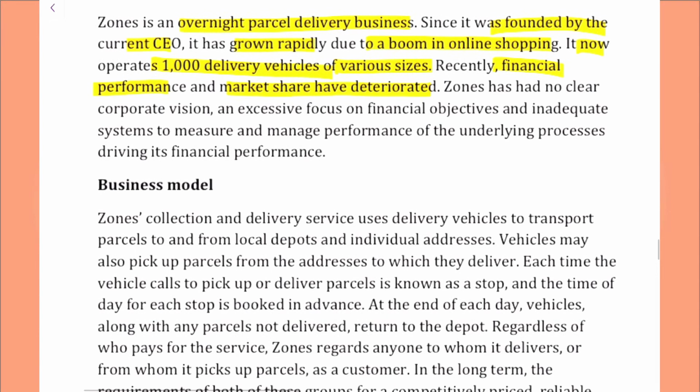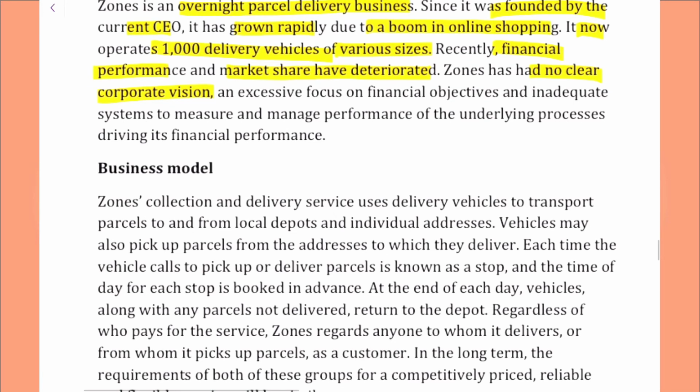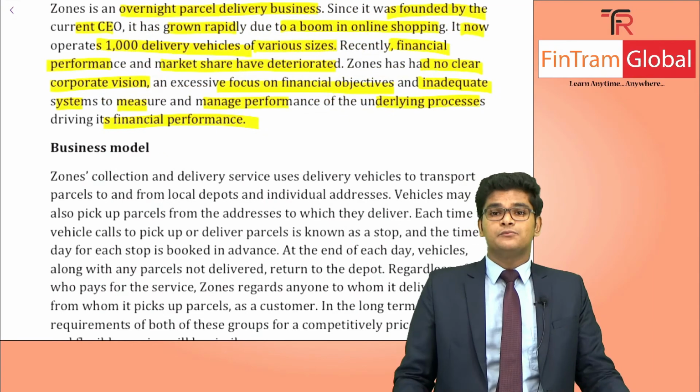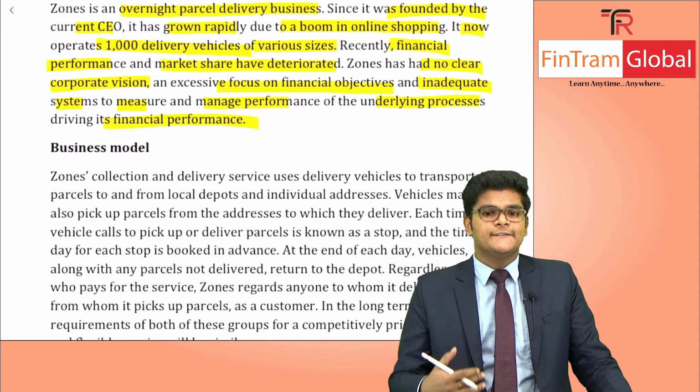Okay, that's bad. And what else? Zones had no clear corporate vision. Okay, so that's yet again another problem, isn't it? An excessive focus on financial objectives and an inadequate system to measure and manage performance of the underlying processes driving the financial performance. Okay, so now we have a better understanding as to what Zones' organization is all about, isn't it?